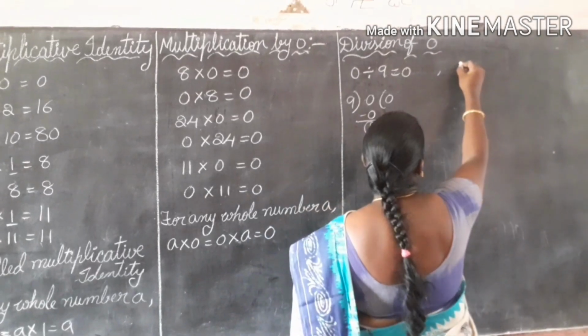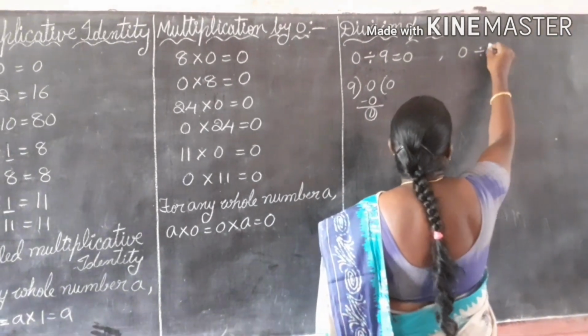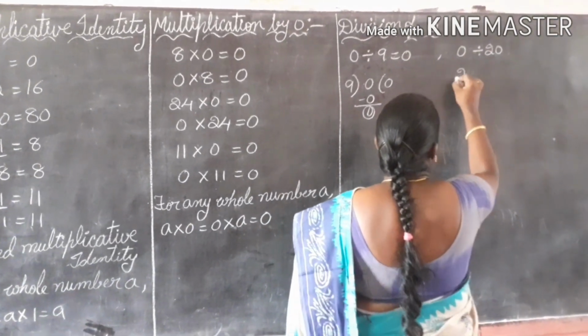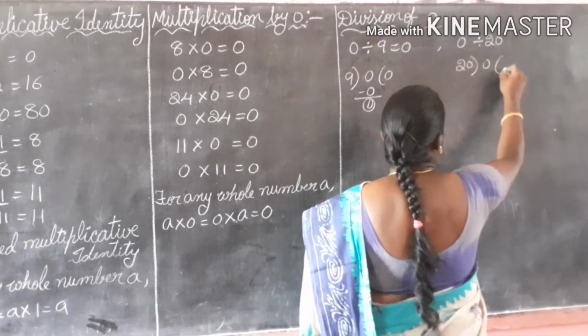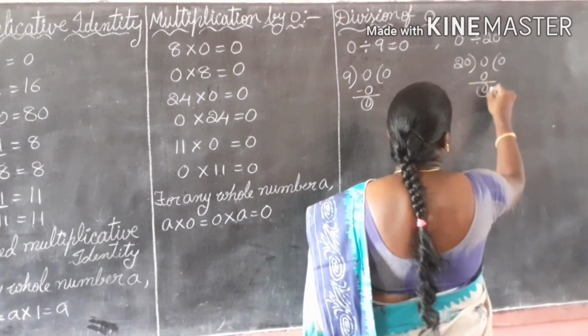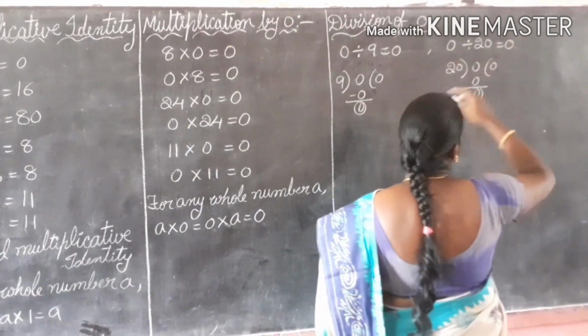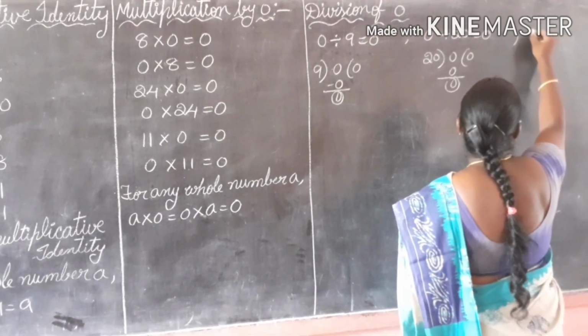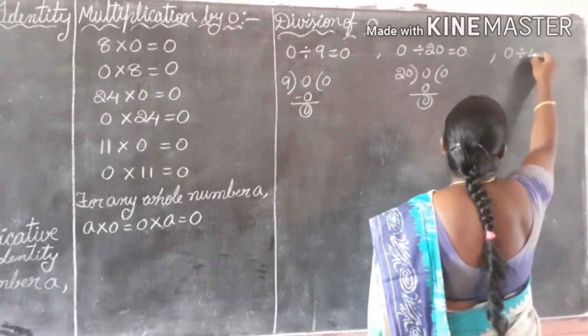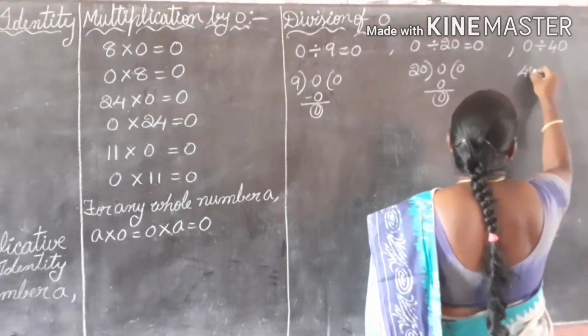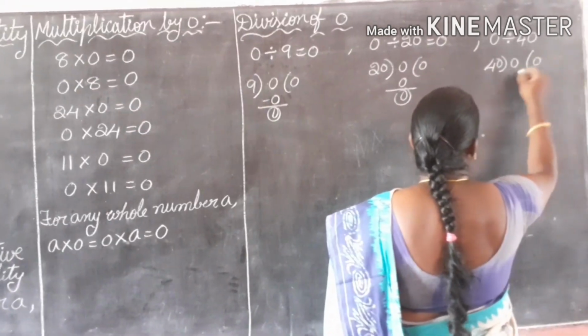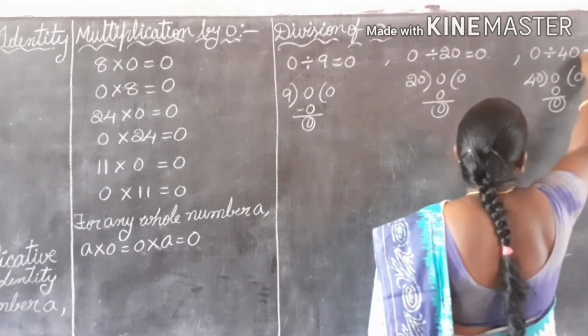Same, one more example. 0 divided by 20. 20 into 0 is 0. 0 divided by 40. With 40 we do division. 40 into 0 is 0.